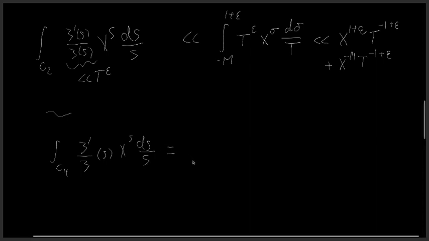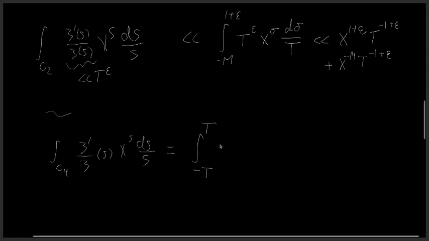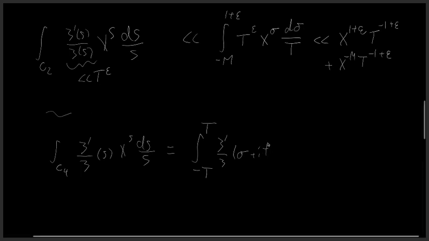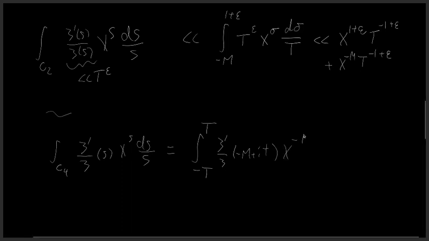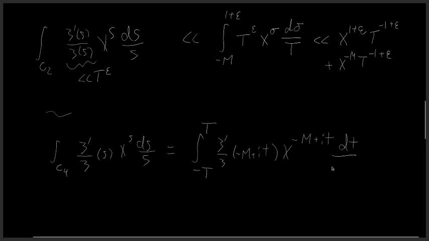We can write this as an integral just in t, so this is going to be an imaginary part going from minus T to T of zeta prime over zeta of sigma plus it, where sigma is going to be minus m, so minus m plus it, times x to the minus m plus it, dt over minus m plus it. Okay?